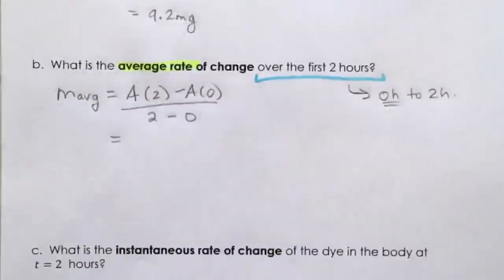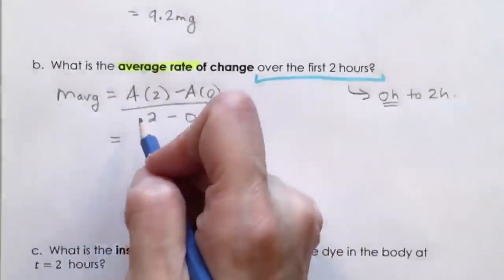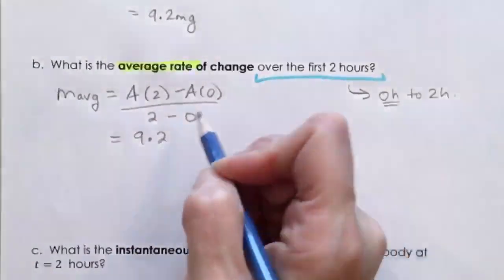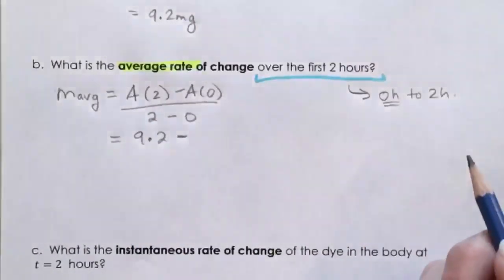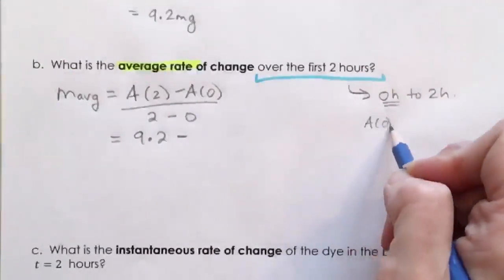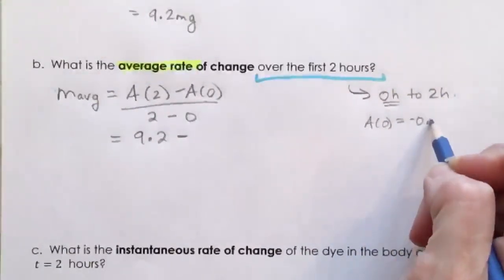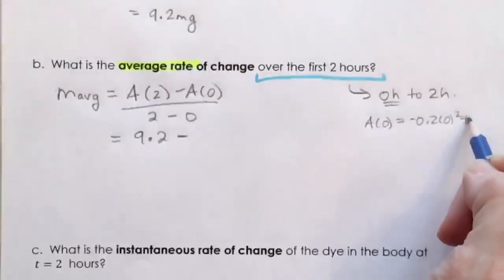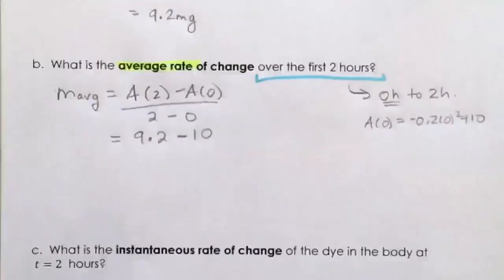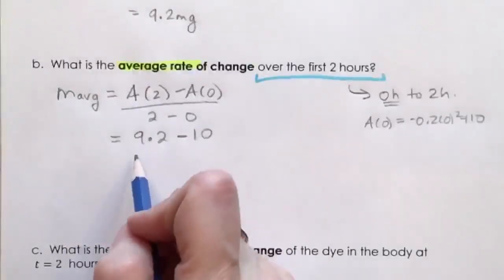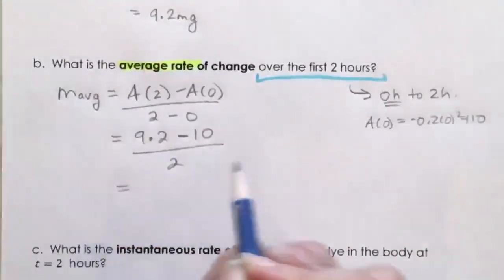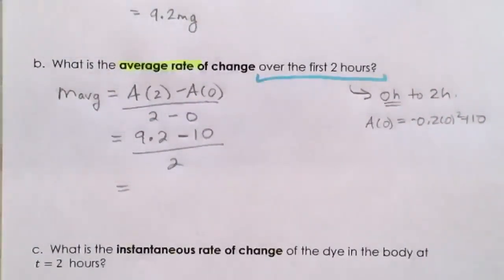So A(2) we figured out in part A of the question was 9.2. A(0), you can figure that out by subbing it in. It's just 10, over 2. And then we can do that on our calculator.